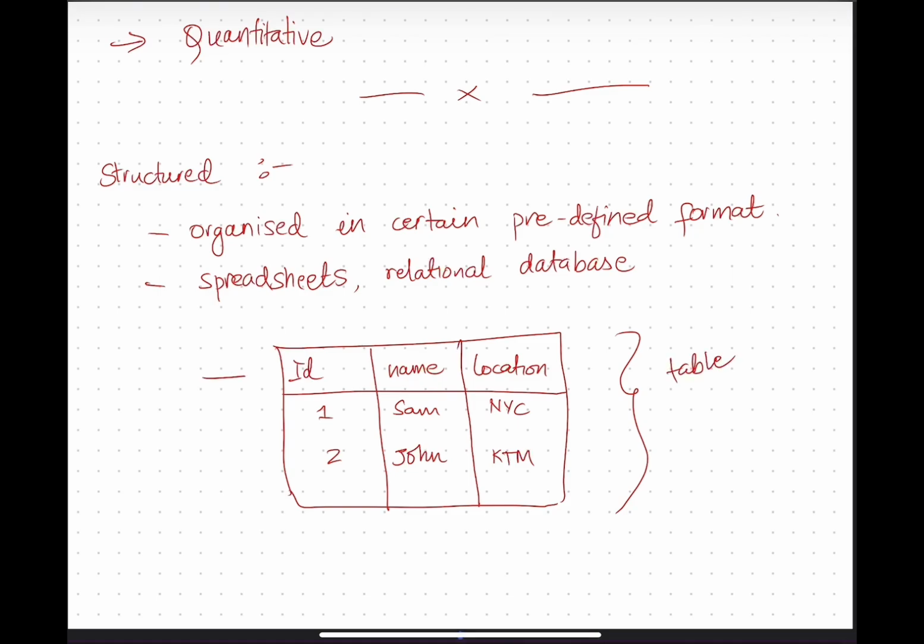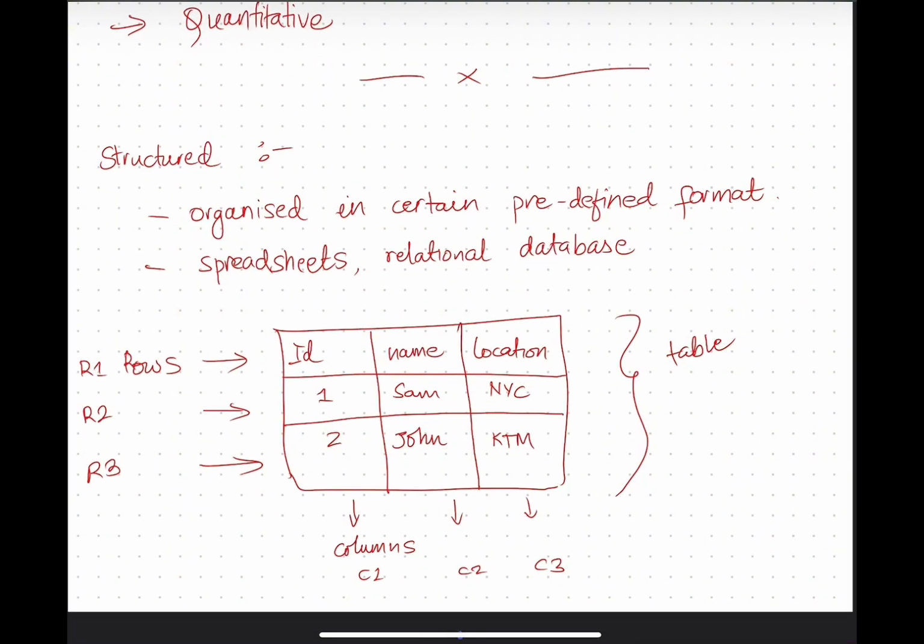So this is a table in a spreadsheet. It can be any relational database. We can see it has several rows and several columns. In this scenario, we have three columns. So columns store the information about what entity it is, like ID, name, location.